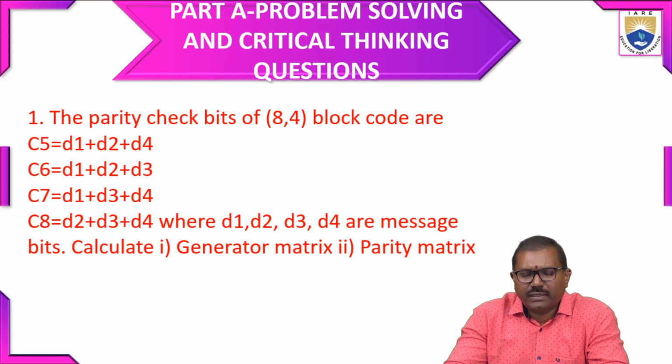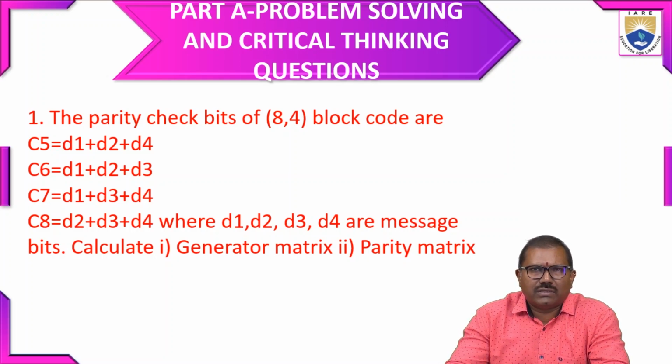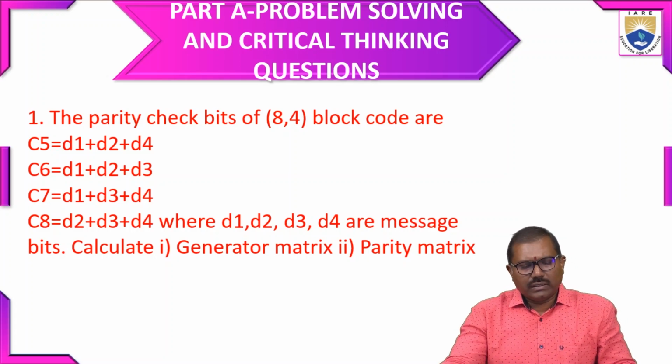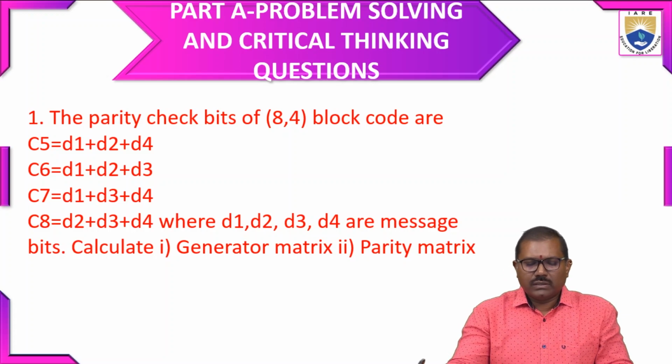The parity check equations of an 8,4 block code are C5 = D1 + D2 + D4, C6 = D1 + D2 + D3, C7 = D1 + D3 + D4 and C8 = D2 + D3 + D4, where D1, D2, D3, D4 are message bits.